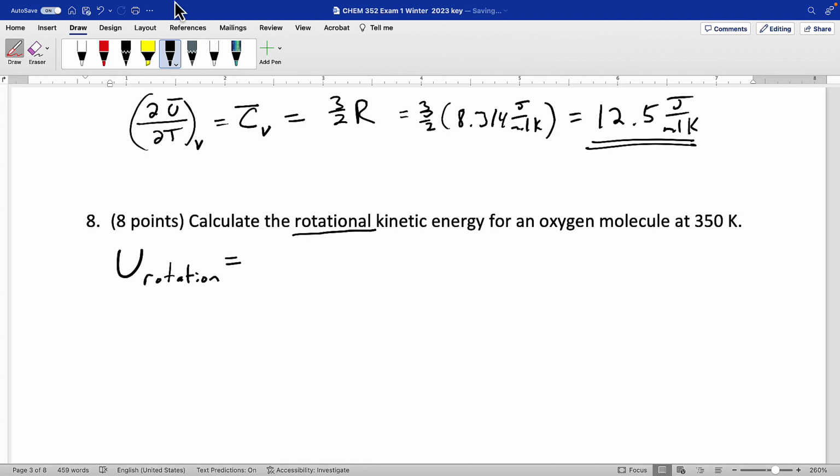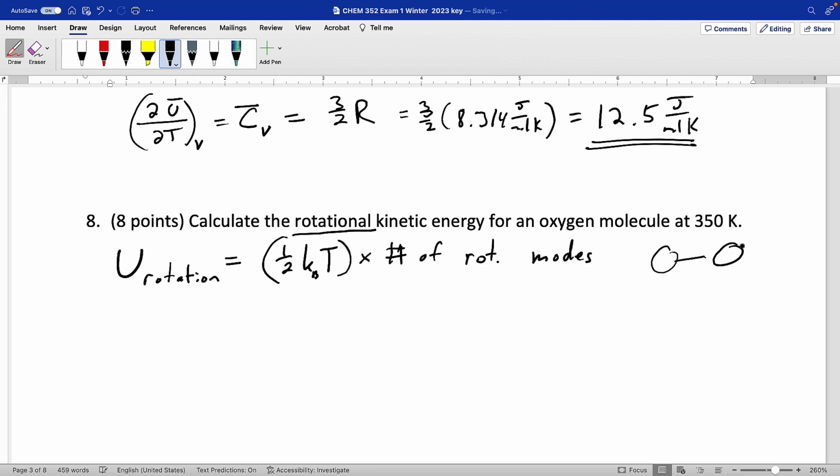So we have 1/2 kT, and this is times the number of rotational modes. Okay, so if we look at this, this is an oxygen molecule, so it's a linear rotor.